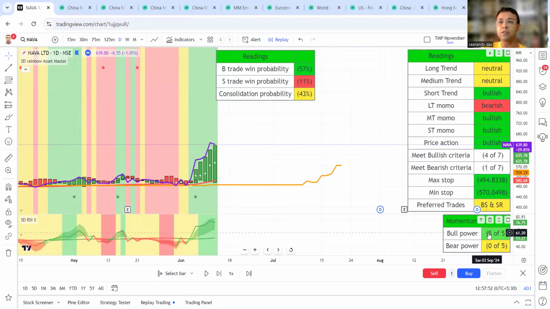So this is giving us 5 readings on the momentum. I'll discuss RSI-X later on. 5 detailed readings on momentum. And this one giving us 3 readings on the momentum: LT Momo, MT Momo, and ST Momo. Total 5 plus 3, 8 readings are momentum readings in the setup, so that we remain accurate on the momentum side.